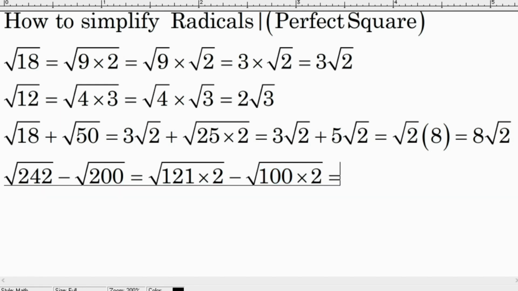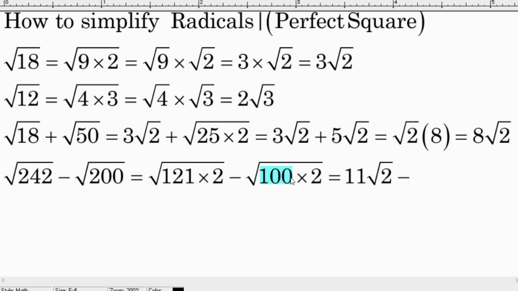So then now for this radical, which is equal to 11 square root of 2, because square root of 121 is equal to 11. Alright, and 2 is not a perfect square, so it can't be simplified with the radicals. And then minus.